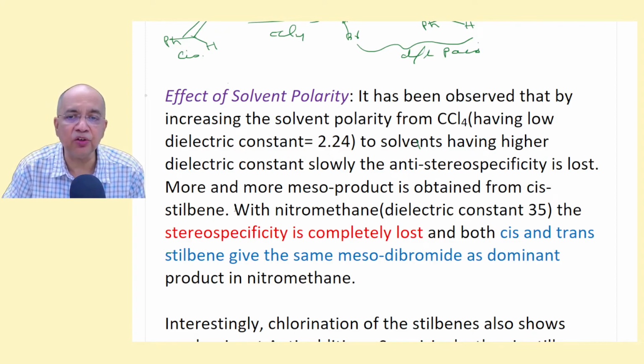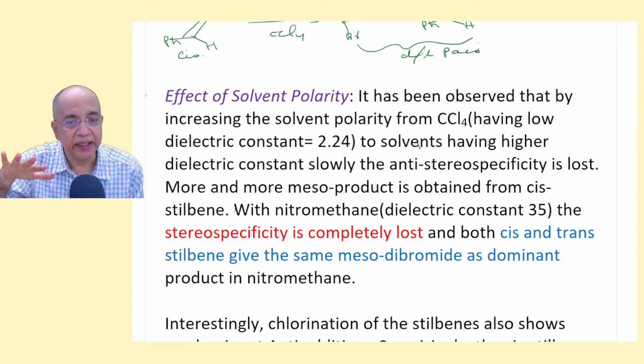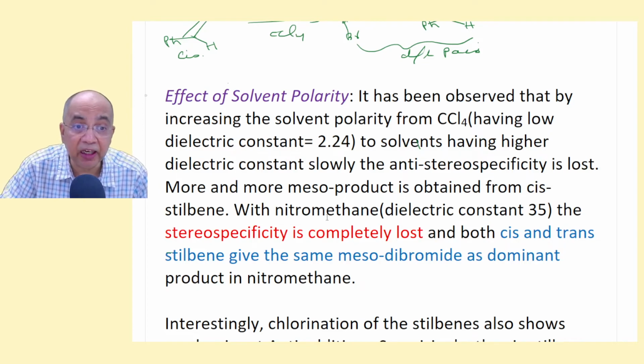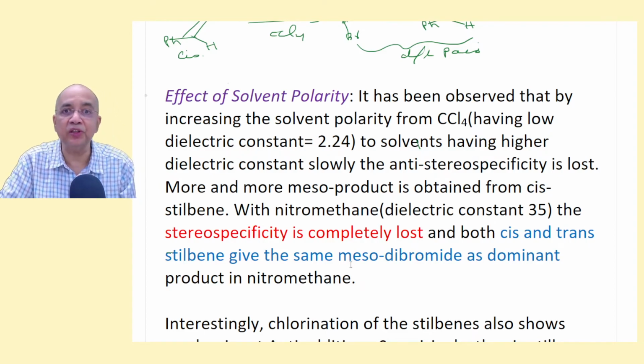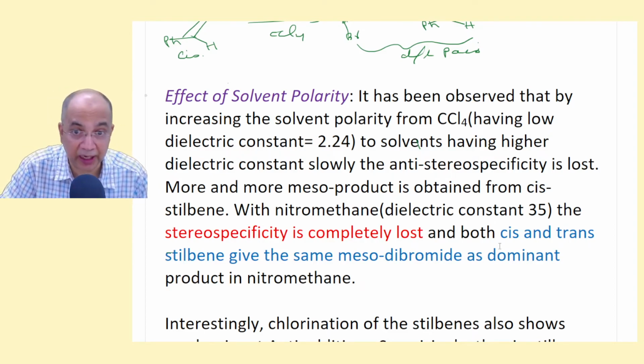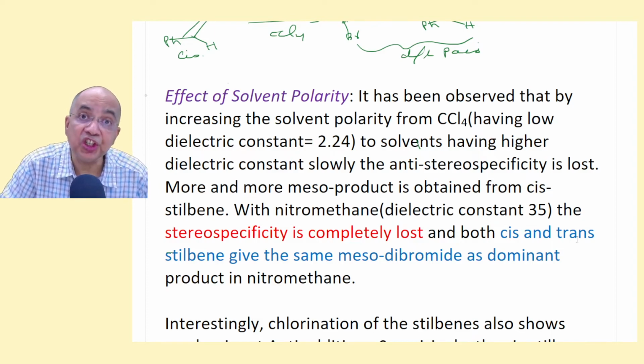So anti-stereospecificity will gradually decrease, and when the solvent is highly polar with a dielectric constant of 35, say nitromethane, the stereospecificity is completely lost, and the cis will give you 100% meso, while the trans also will give you meso. Of course, if you say the trans on syn addition mechanism will be giving the DL pair, and cis will give meso, it's not that.